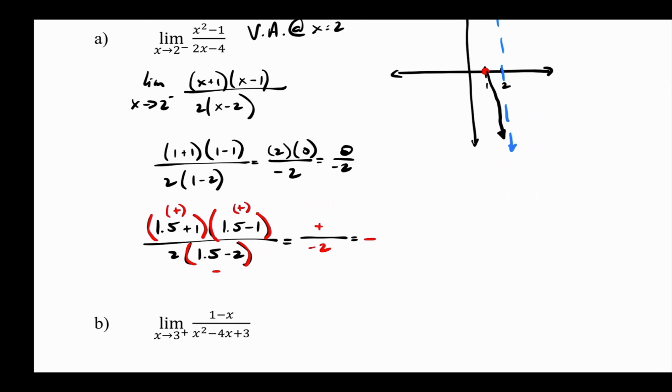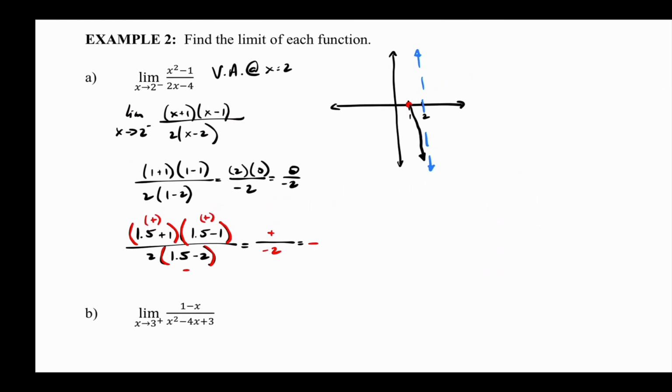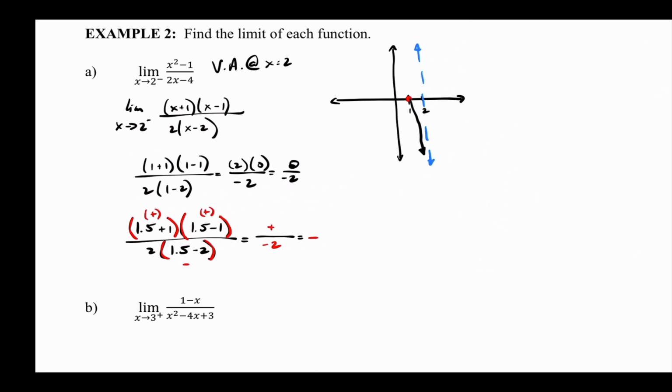That's what that tells me. So the limit as x approaches 2 from the left for this guy here is negative infinity.